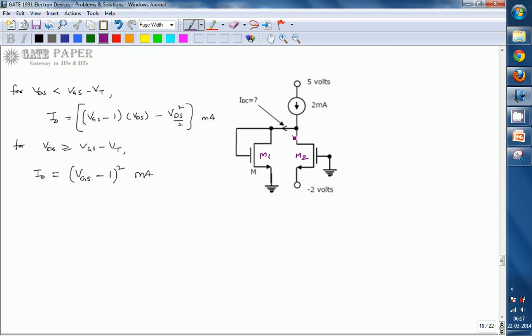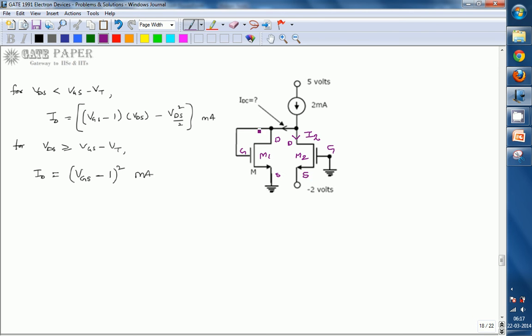The current flowing through M2, assume it as I2, and the current flowing through M1 is IDC itself. This is the drain of M1, the gate of M1, and this is the source. In the same way, drain of M2, gate of M2, and source of M2.